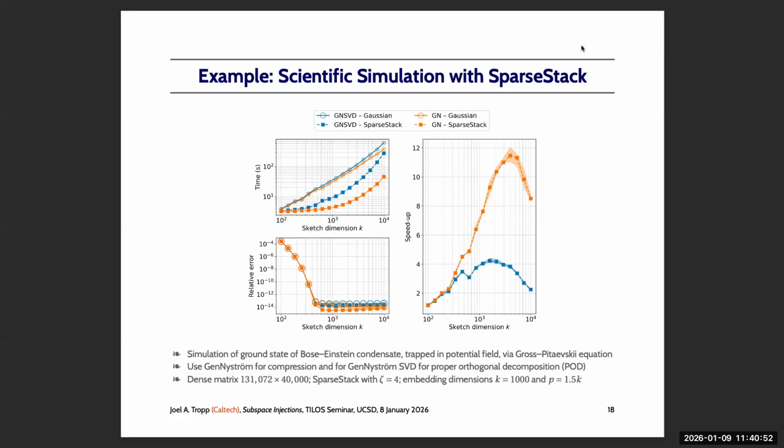So this is a substantial improvement. And we are guaranteed that the sparse dimension reduction is effective in practice because of this subspace injection theory that we discussed. Okay. Any questions on this?